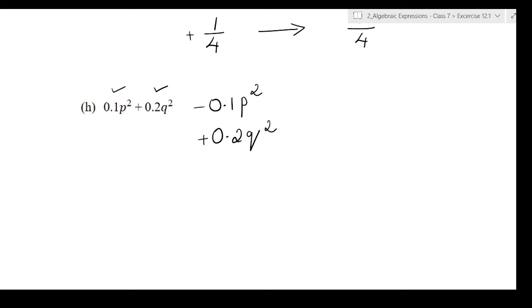No sign, it's plus. Now, what are the factors of the first term? 0.1, p square is nothing but p into p. And the second term, the factors are 0.2, q square is q into q.